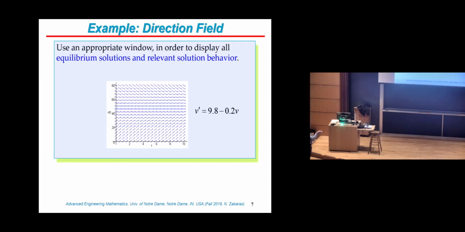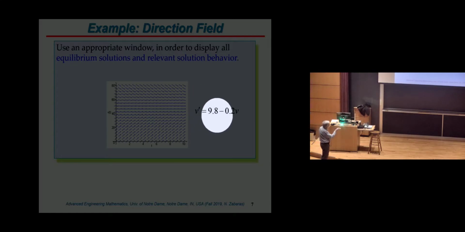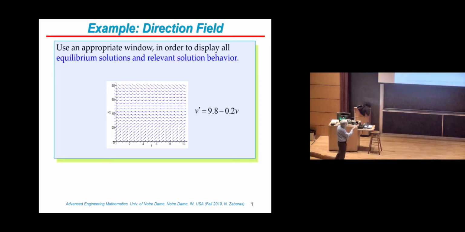And the way you compute this is, so you plot, this is the velocity v, all right? So it's the dependent variable in the ordinary differential equation, and this is time t, all right? So the independent variable is t here. So what you do is, you go and you compute the slope of the velocity, for different values of the velocity v.